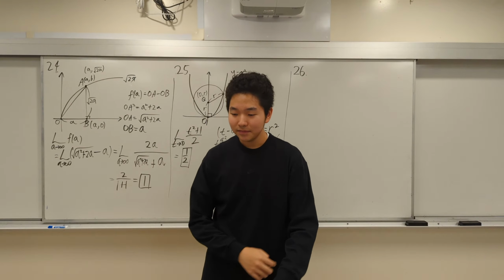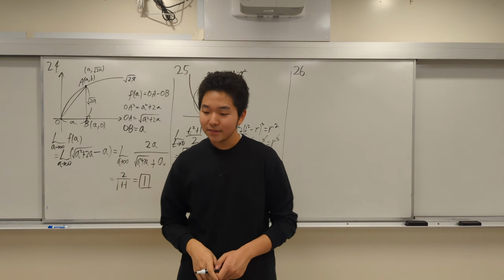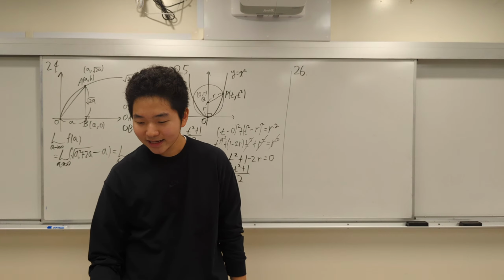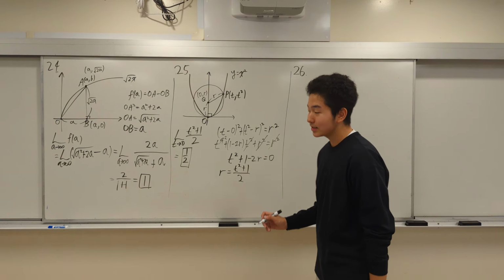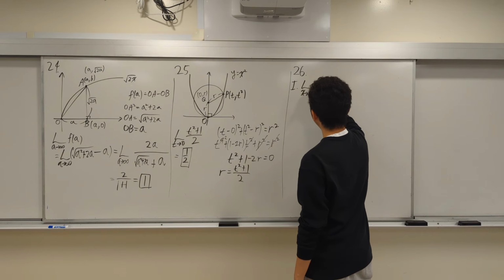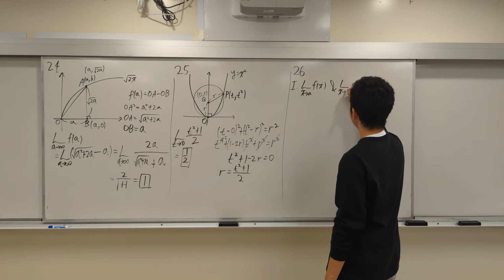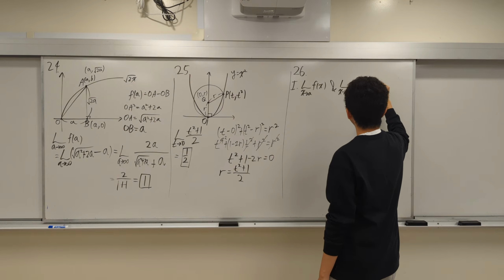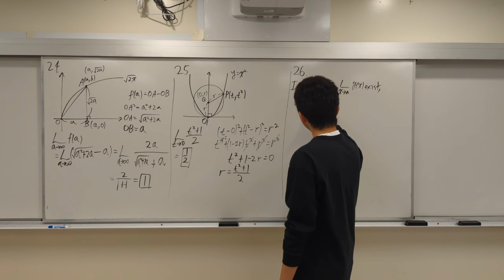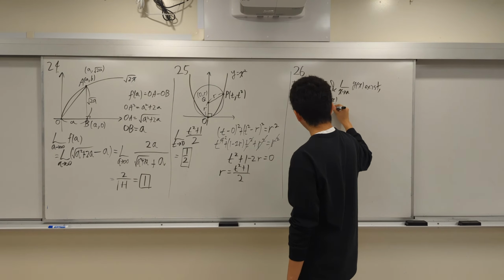Number 26, this is sort of like a logic question. Select all statements that are true. Number 1: if limit x goes to a of f of x and limit x goes to a of g of x exist, then limit x goes to a of f of x over g of x exists.